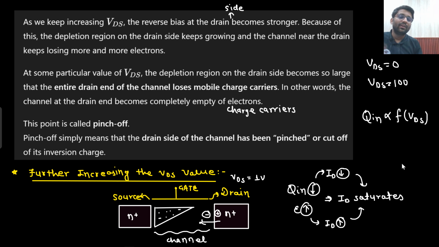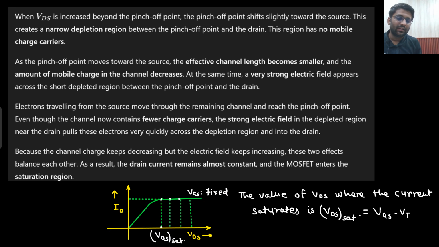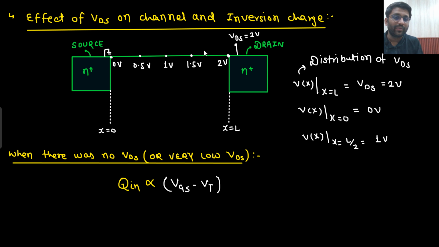The source end is not affected by VDS, because the source end will be at 0 potential only. That means the inversion charge at the source end always remains the same, irrespective of any value of VDS.